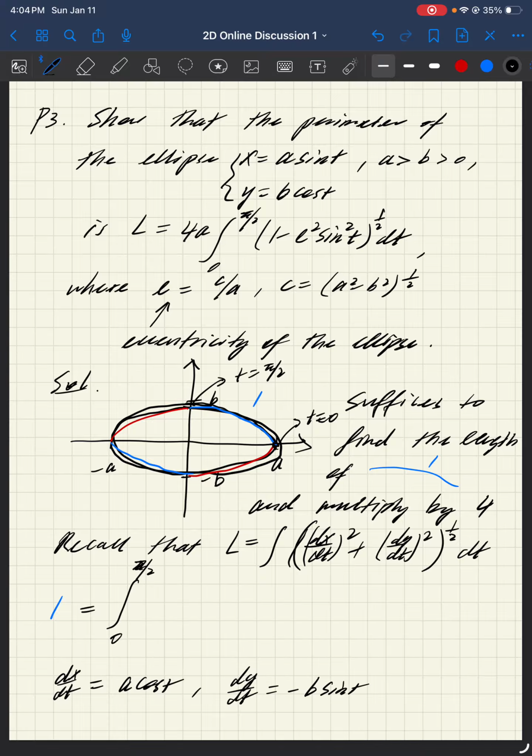So I plug these two in, and I get the square root of a squared cosine squared t plus b squared sine squared t, dt. Great. But how do I make this formula look like this? I want to show that it looks like this.